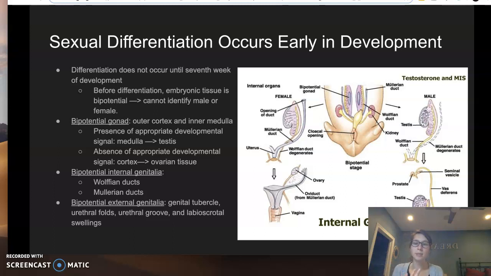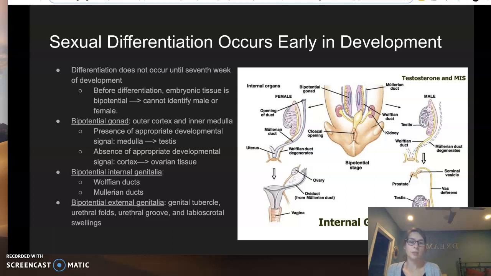And the bipotential external genitalia consists of the genital tubercle, the urethral folds, the urethral groove, and the labioscrotal swellings. And the external genitalia will develop into male or female reproductive structures.